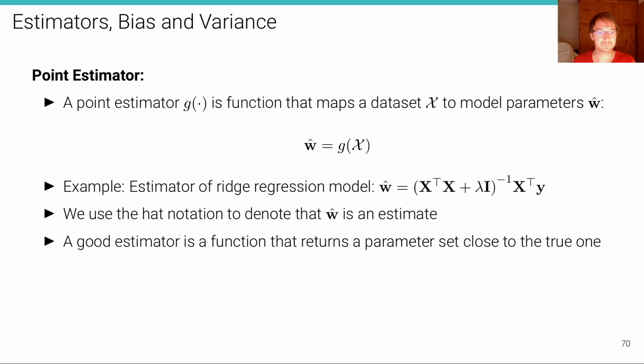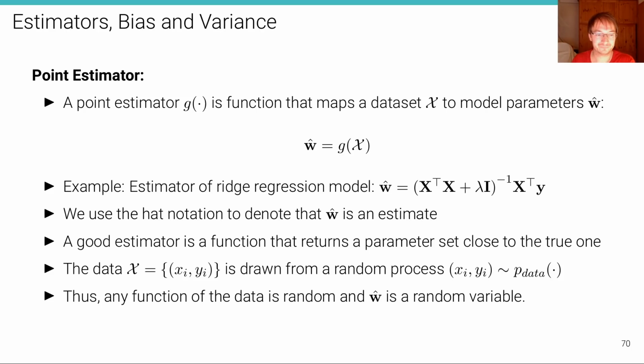A good estimator is obviously a function that returns a parameter set close to the true one. We assume that the dataset we have is drawn randomly from the underlying data distribution, which means that each element of the dataset is independently drawn from this data distribution.